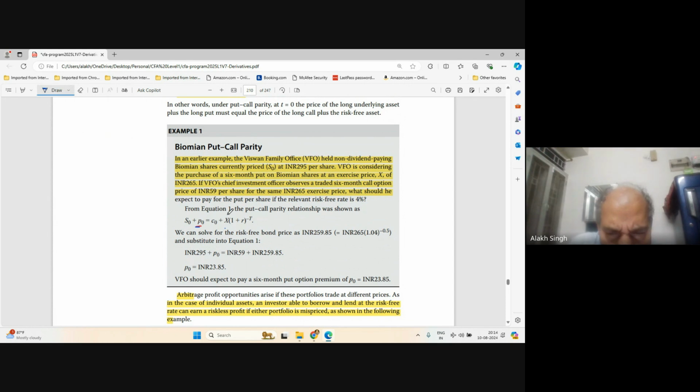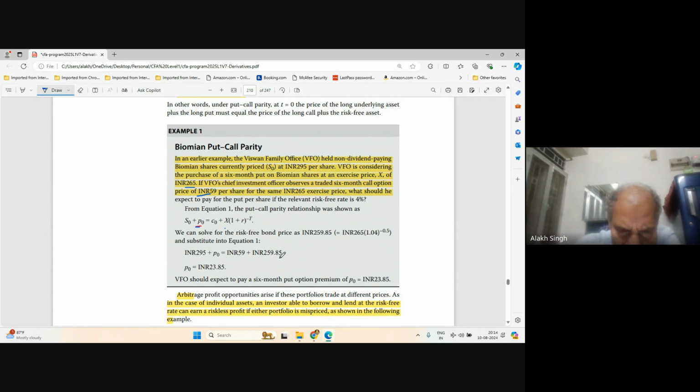So what is the call price? The 6-month call option price is 59. So we put 59 and then the present value of the exercise price. Our exercise price is X, so we took the present value of the exercise price.